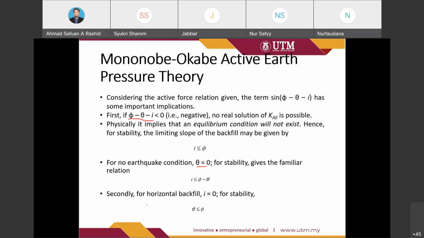Secondly, for horizontal backfill, where I is equal to 0, definitely phi should be greater than theta.